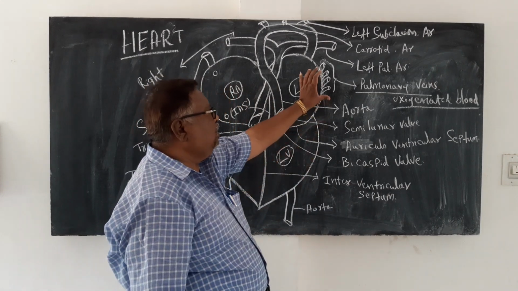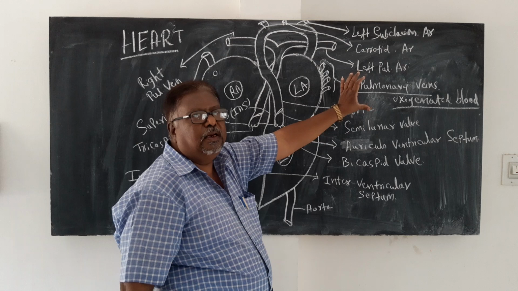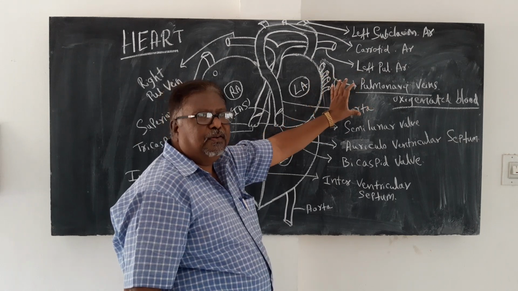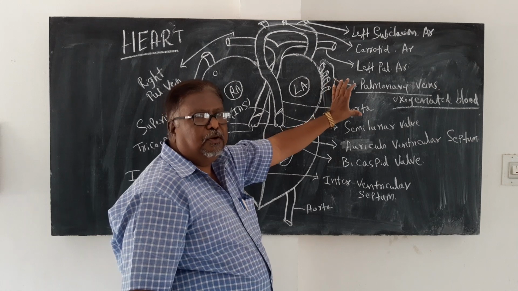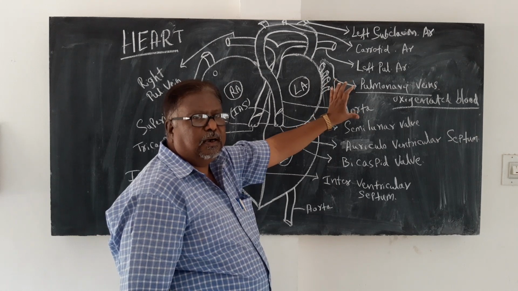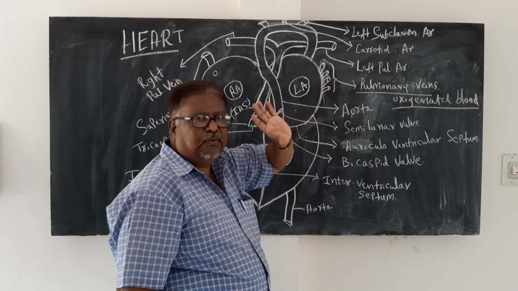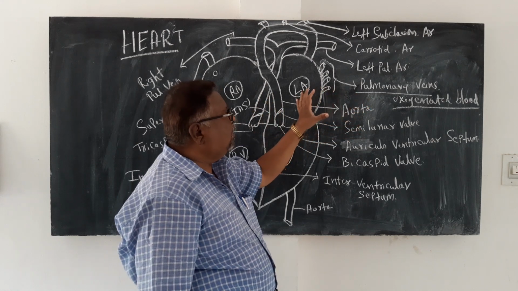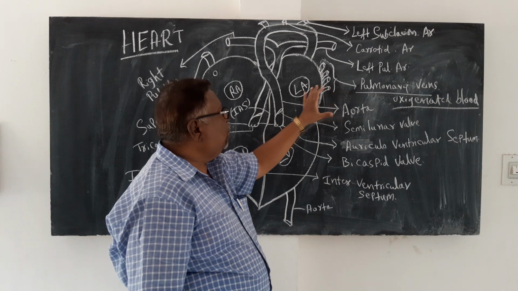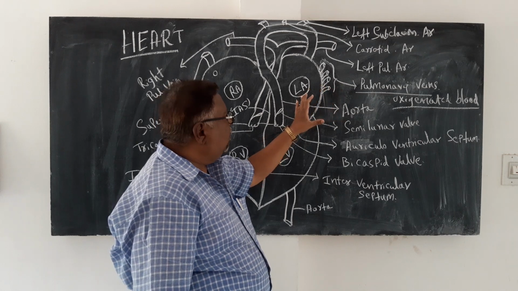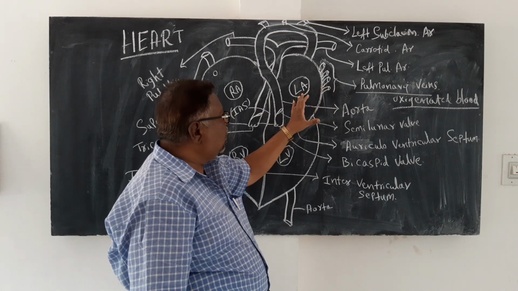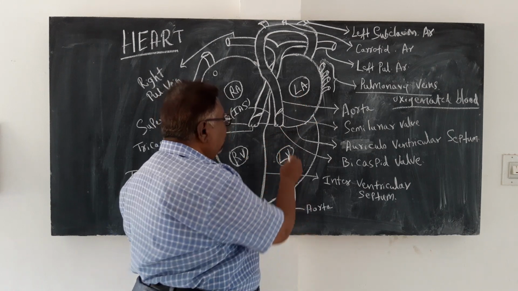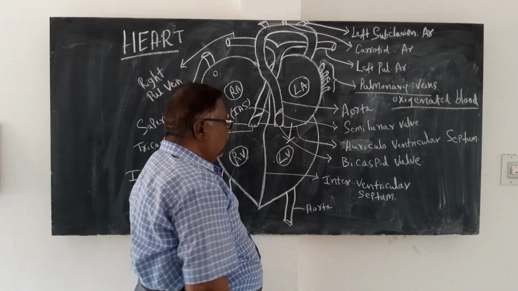The pulmonary veins come from the lungs, and in the lungs the purification takes place, and the purified blood, or the oxygenated blood, the blood rich with oxygen, is taken by the pulmonary veins to the left auricle, and it is poured into the left auricle. Meanwhile, when the left auricle contracts, the blood is pushed into the left ventricle.